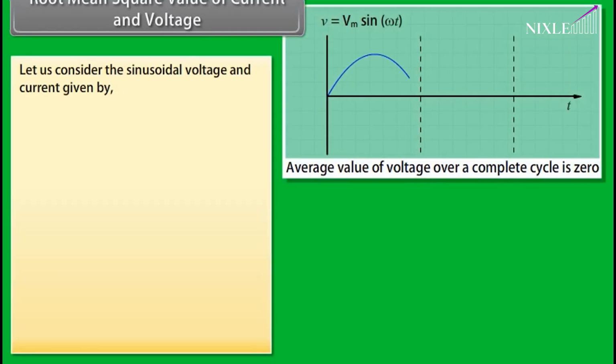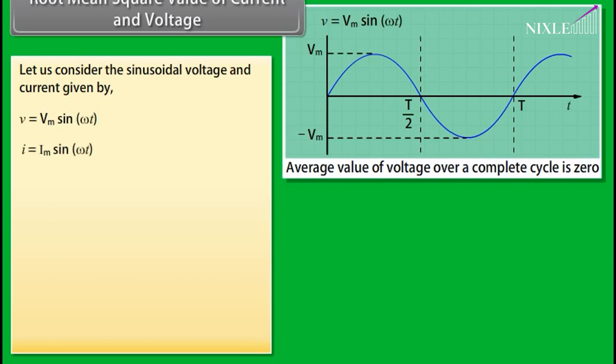Root mean square value of current and voltage. Let us consider the sinusoidal voltage and current given by V = Vm sin(ωt) and I = Im sin(ωt).